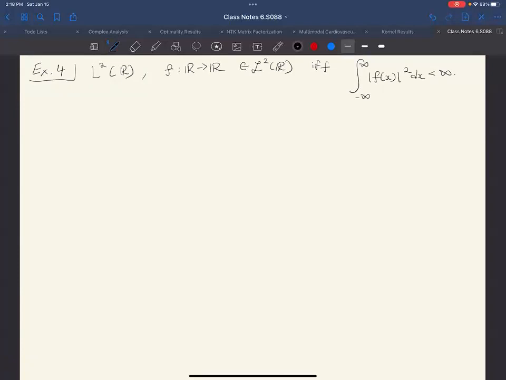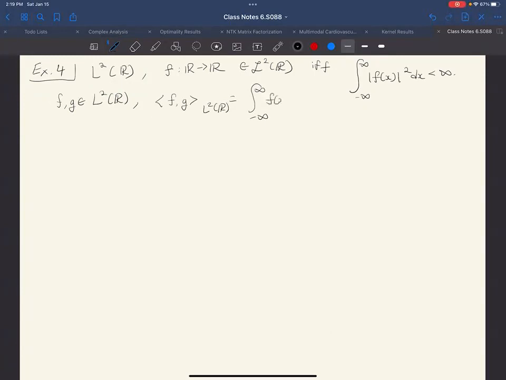convenient space. And the reason we want to consider this L2 of R is that there's actually a nice inner product on this space. So I'm going to define, for any two functions f and g that belong to L2 of R, the inner product of f and g in L2 as this integral, just as we did for sequences where you had u_i v_i.